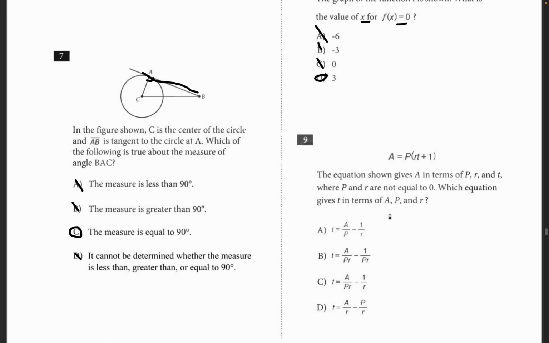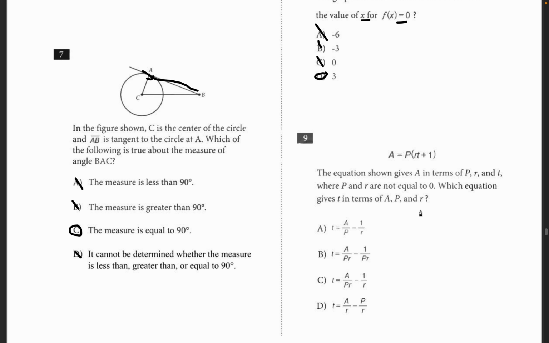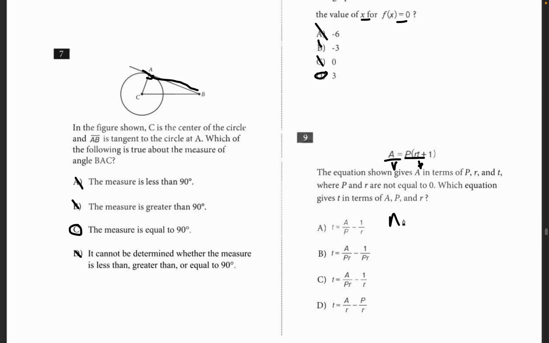The equation shown gives A in terms of P, r, and t. So this is isolating quantities. Okay, let's do this. Divide both sides by P. A over P equals rt plus 1. Now we want to solve for t, right?